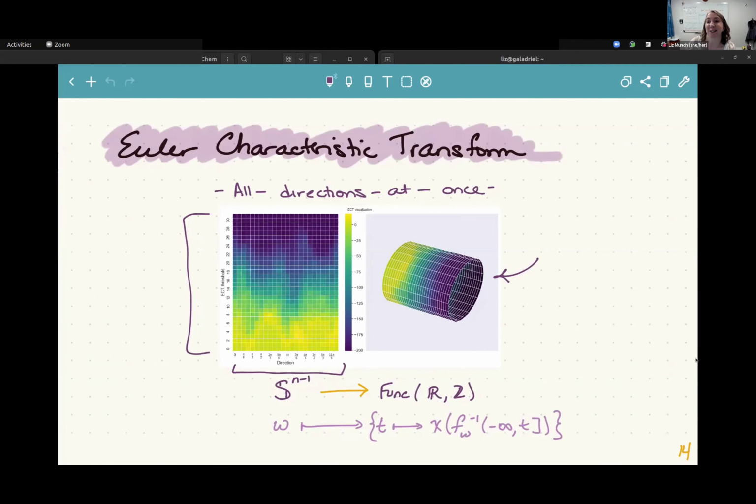I use S2. I try to avoid saying this in front of non-mathematicians because the counting system just doesn't make sense to me ever. But if I am sitting in 2D data, then I'm working with directions in S1, which is really just a circle, so just pick a direction. If I'm working with 3D data, I'm working with S2, which is a sphere, which means pick every direction on a sphere.